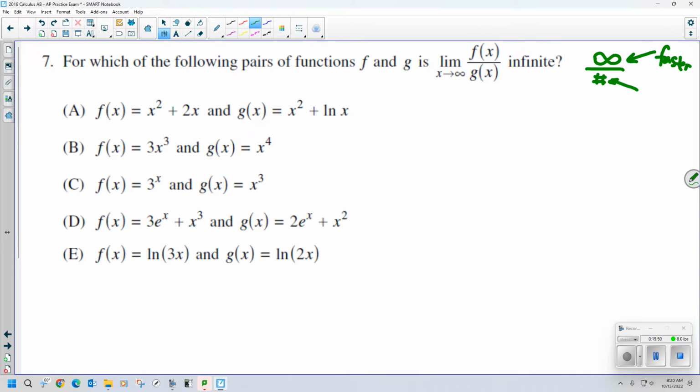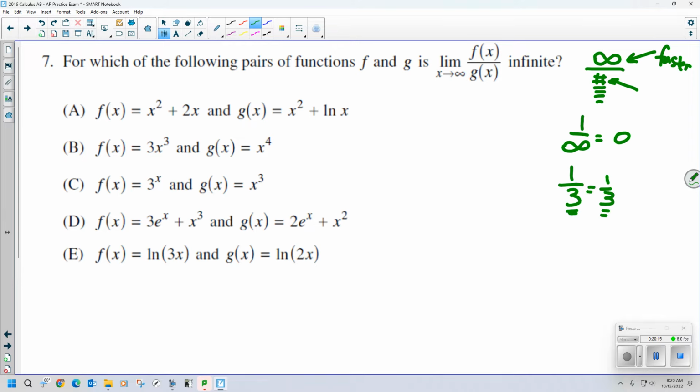The top has to grow at a faster rate than the bottom does. The bottom necessarily doesn't have to be a number, but the top has to grow faster. If the bottom grows faster, that approaches 0. If infinity is no longer there, then it's just whatever number you get.